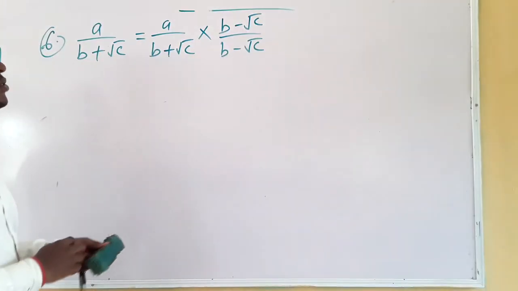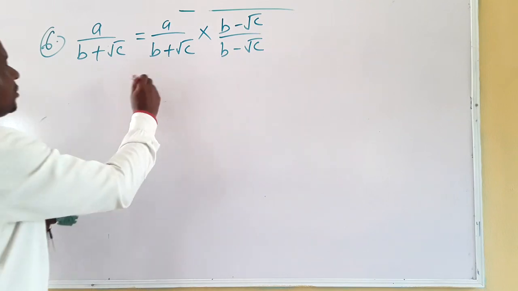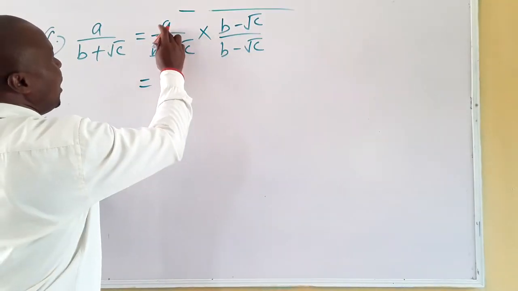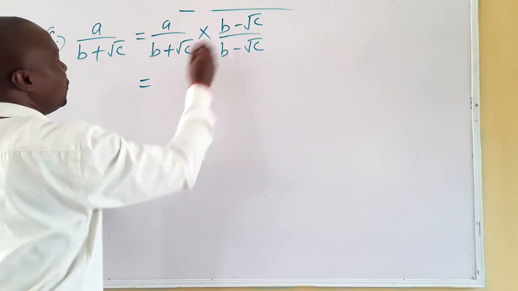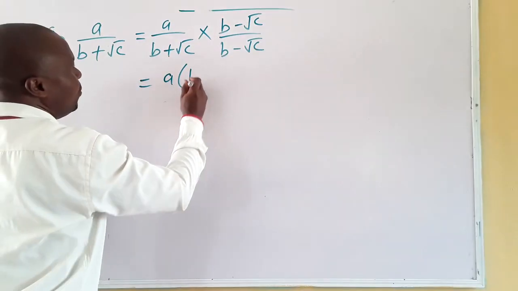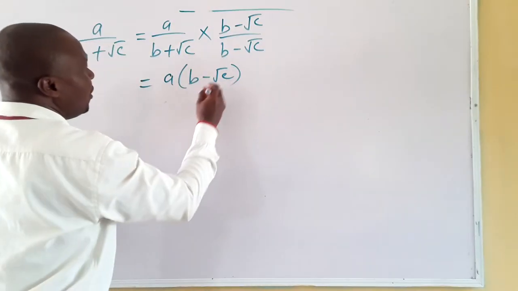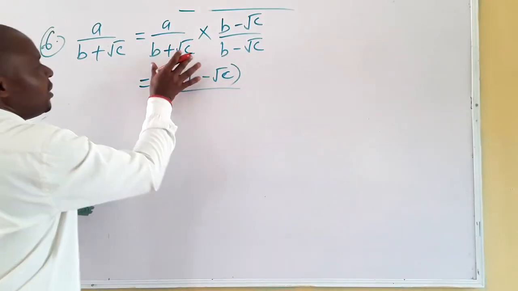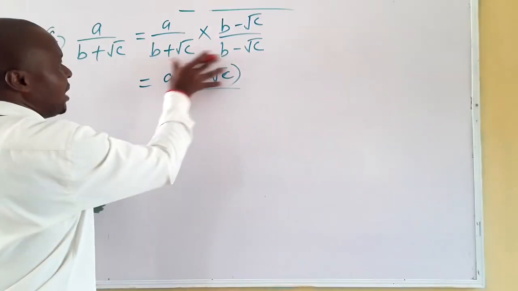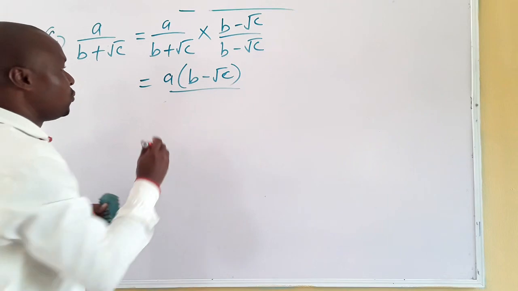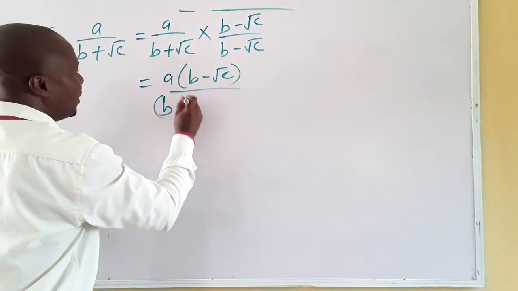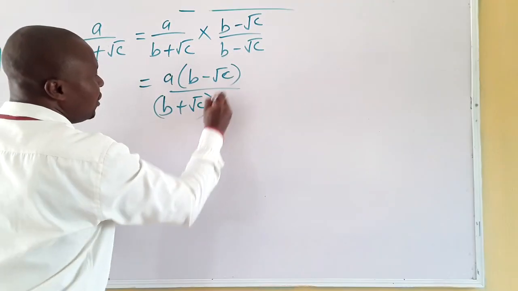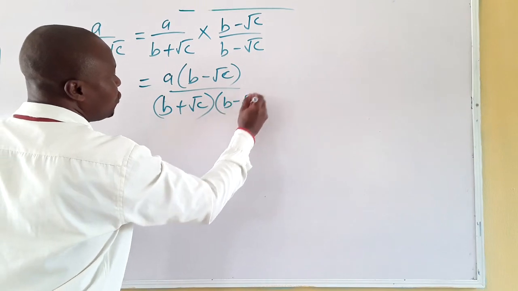So when we do that, if you simplify that expression, you have root a times b minus root c in the numerator, divided by, this time, what we call the difference of two squares. That is b plus root c into b minus root c.